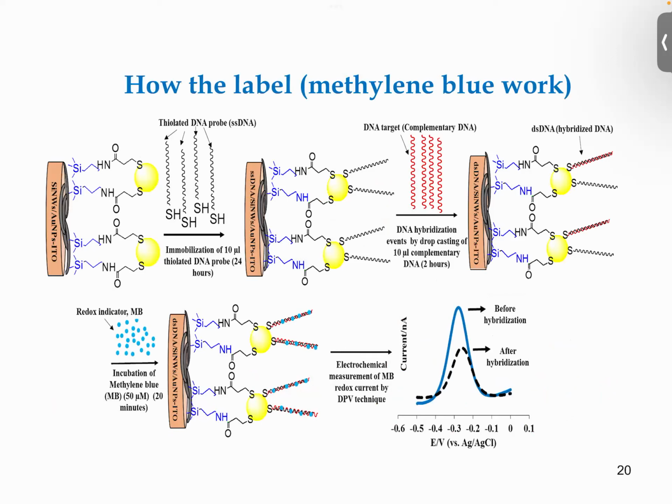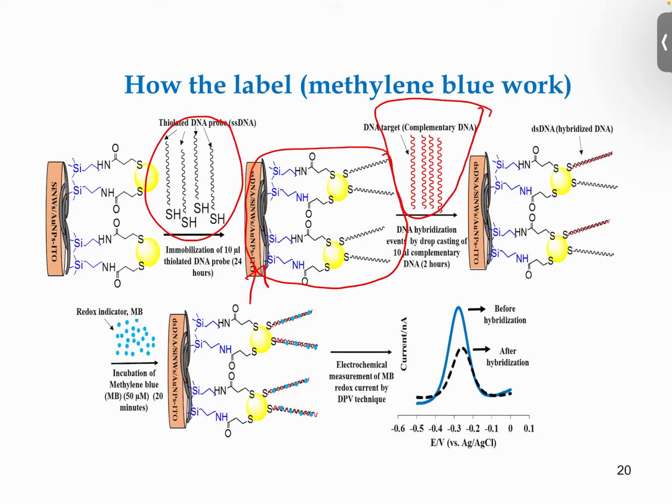So this is the process I have shown you before. This is again the DNA probe, attached to the electrode. You can see this is the working electrode, and then we expose DNA extracted from the sample, and hybridization occurs, right?